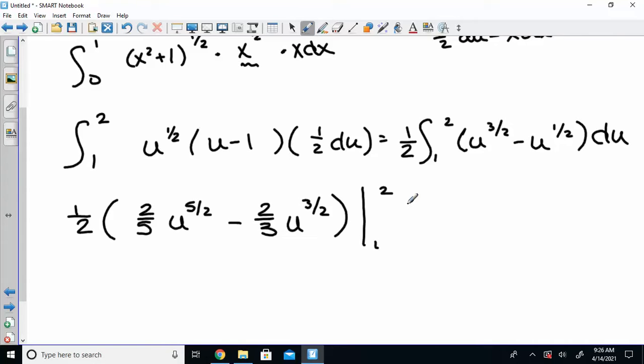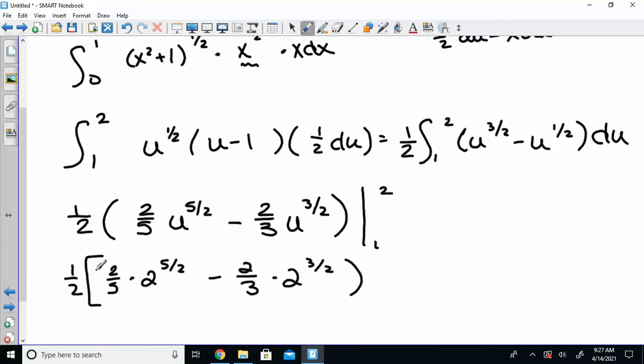So we have 1/2. Okay, if I put in my 2, minus, if we put in our 1, we just get a 2/5 minus 2/3.